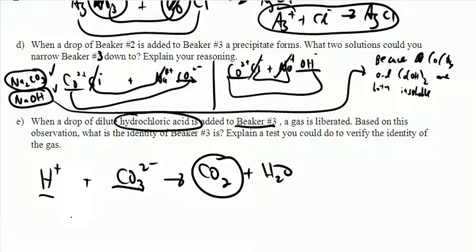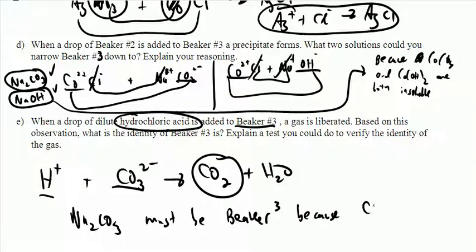So Na2CO3 must be beaker 3 because CO3 2- reacts with H+ to produce or liberate a gas.